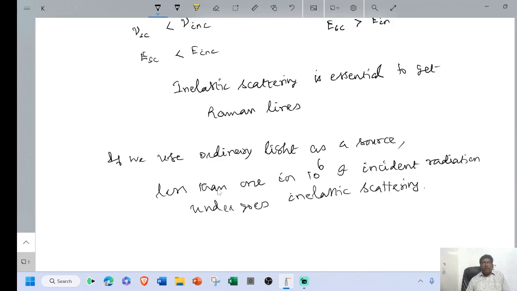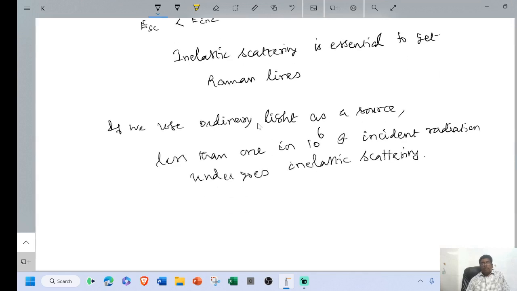Therefore, it takes more time to get Raman lines. To solve this problem, we have to use a laser source.